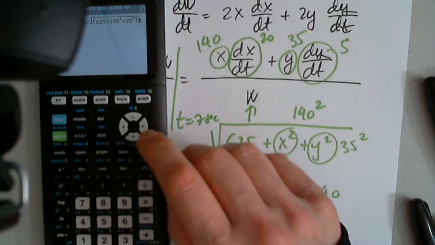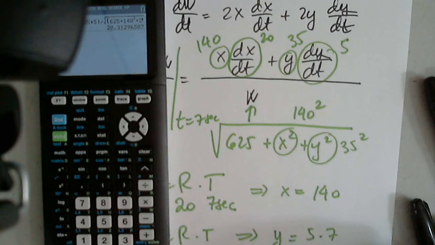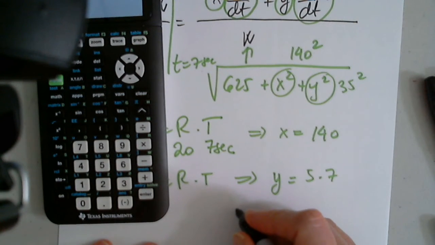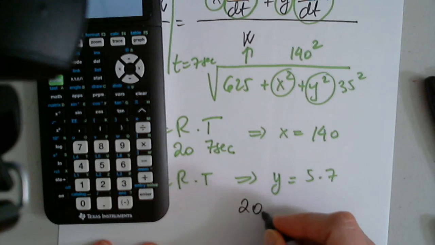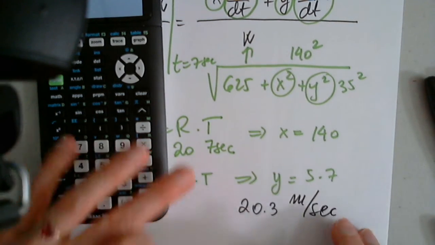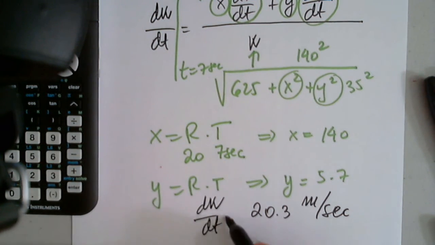Close the parenthesis, because you know me, I have to have parentheses. What does it say? Round your answer to 1 decimal place. Okay, so I would say that the rate of change is 20.3 meters per second. And this is our dw over dt when time is 7 seconds.